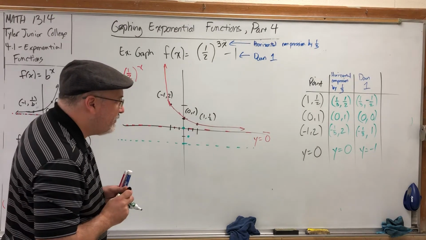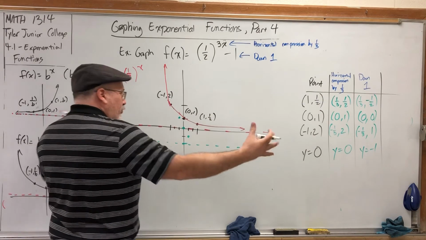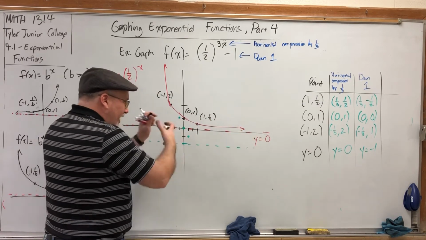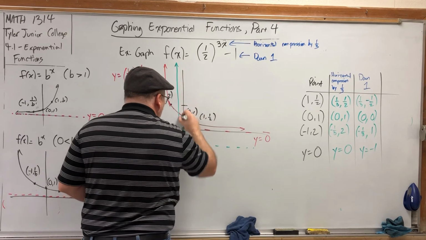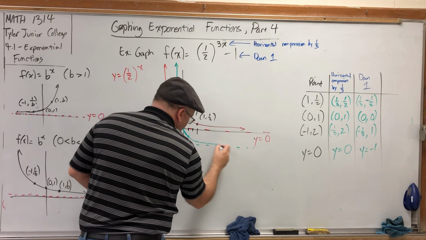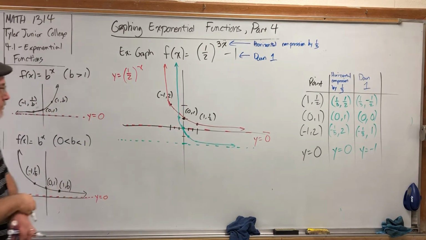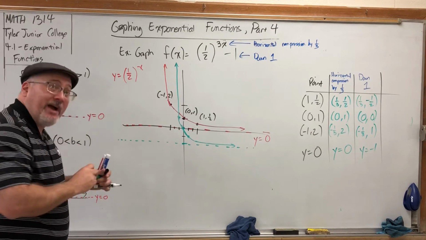And -1/3, 1 is right here. And so by compressing, these points get a lot closer to each other, so we get a really fast drop from here, and then we start hitting the x-axis, the horizontal asymptote. All right, so it did get squished and shoved down one, which is exactly what we expected.